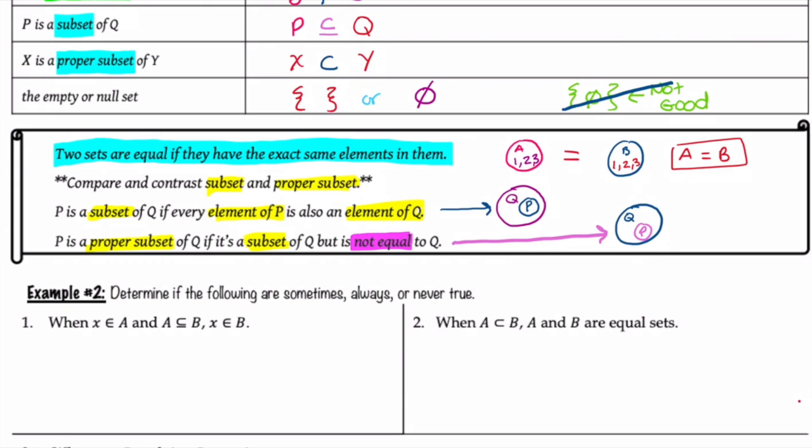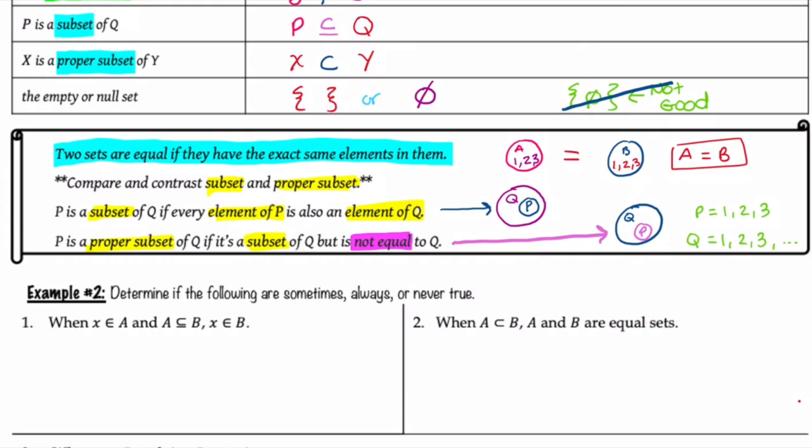They do share some of the same elements, but Q might have more elements. If I'm thinking of this in terms of numbers, let's say set P contains the numbers 1, 2, and 3. Set Q will also contain those numbers plus more. It might have a 4, 5, 6, meaning that P and Q are not equal. They don't have the same exact elements within them.